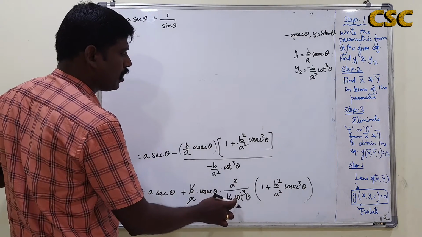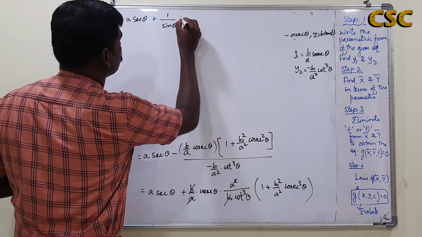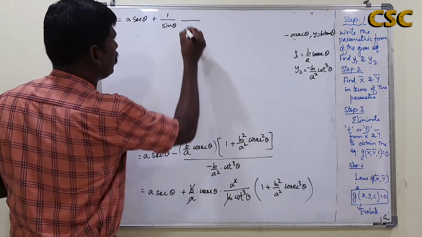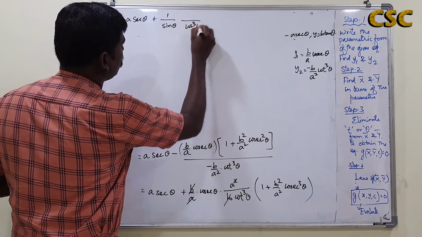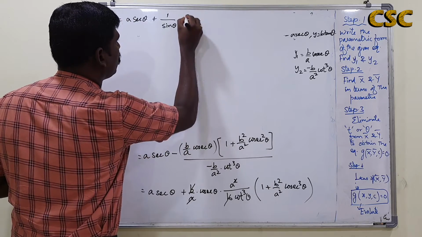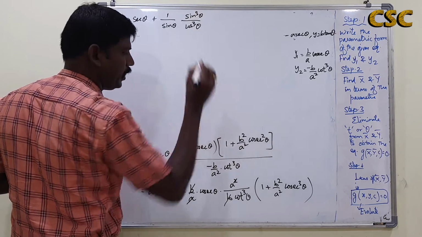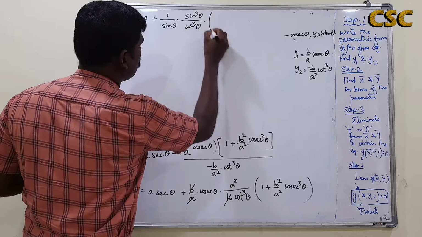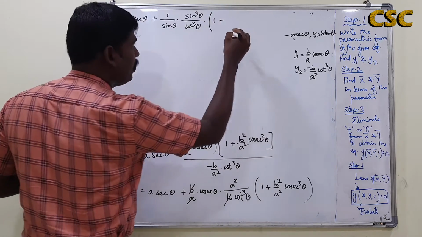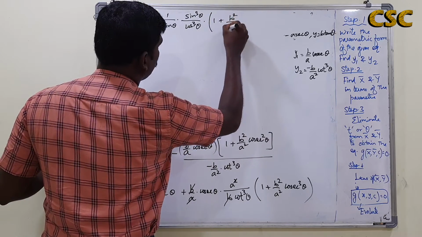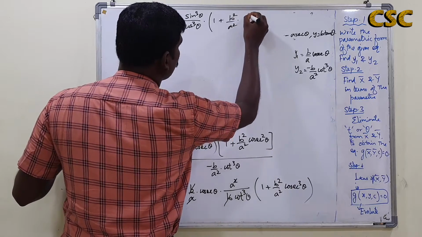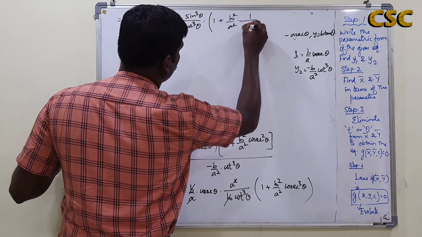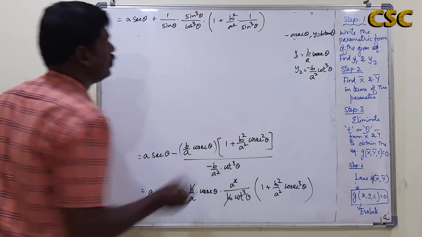So 1 by cot cube theta is here. What is cot cube theta? Cos theta by sin theta, that becomes cos cube theta by sin cube theta. You can take that sin cube theta into the numerator. And then what is inside the bracket? 1 plus b square by a square, b square by a square into cosecant cube theta brings 1 by sin cube theta, isn't it?